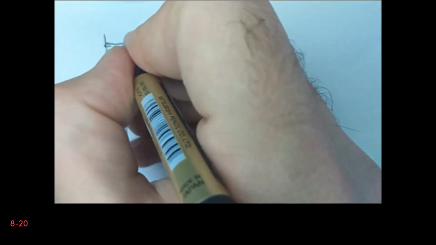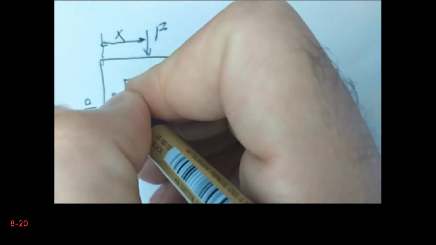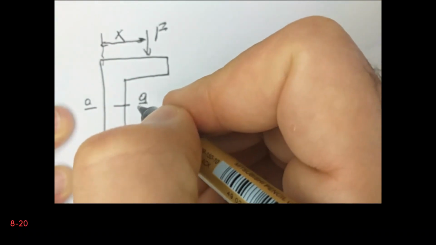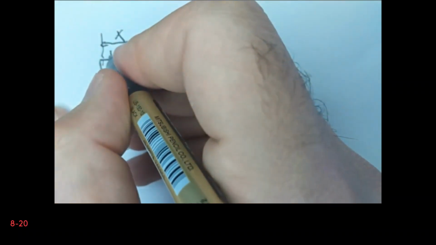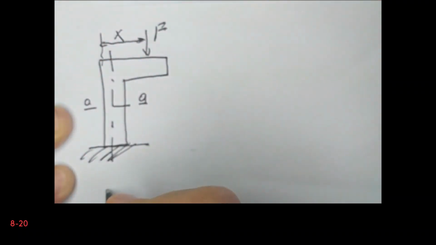This distance is given as x. In fact, the axis of the column is here, so we will transfer it to here. So let's draw it from the top view, then we will have a better understanding.